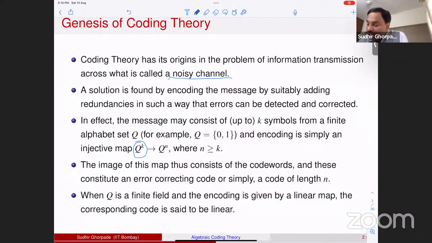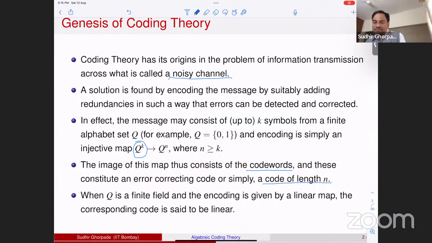You do this mapping in a clever way, so that instead of sending this element of q to the k, you send a corresponding element of q to the power n. In other words, you send the elements which are in the image of this map, and these elements of the image are called code words. Because they live in this space q to the n of n-tuples of elements of q, they are called code words of length n, and together they constitute what is called a code of length n.